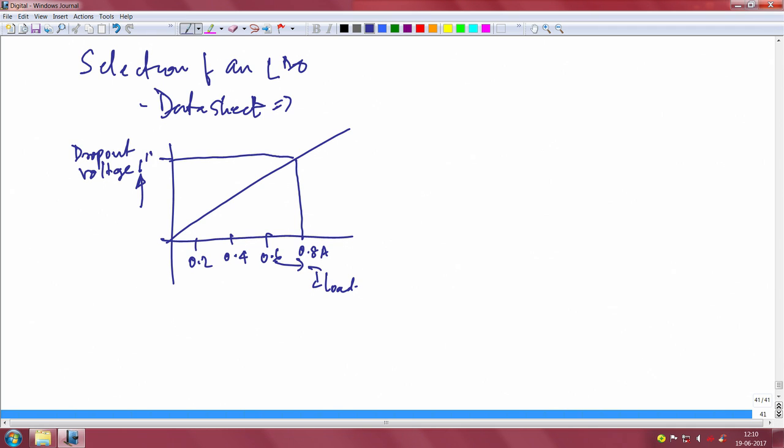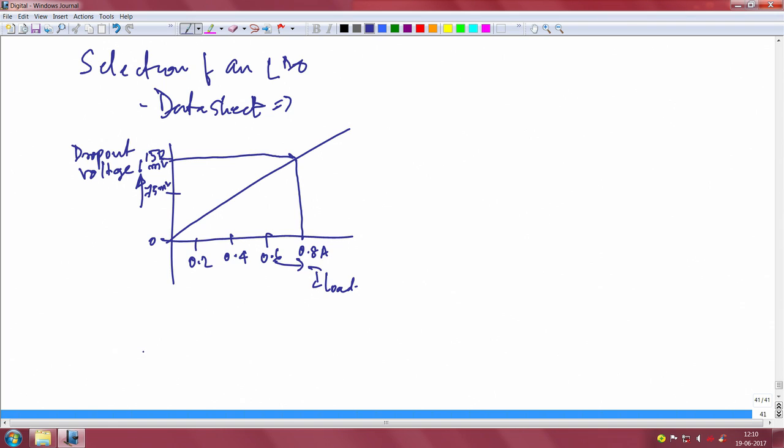This is 150 millivolt, please note this must be half of that, 75 millivolt, and this is 0, right. So, look out for data sheets which essentially give you this kind of graphs.